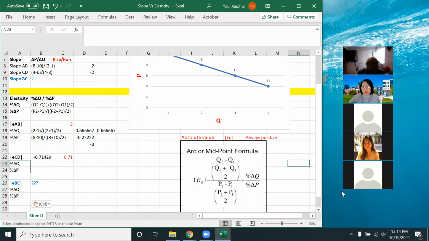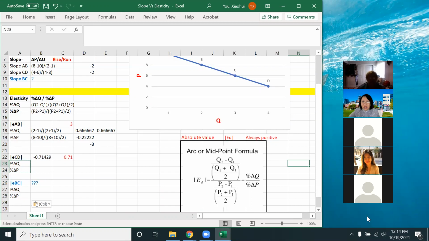How about we separate you guys into 2 groups. Brittany, Doris, and Jessica, 3 of you calculate the percentage change on Q, and then Carly, Thalia, and Tracy, you guys calculate the percentage change on P. So after you get the values, it's easy to get the elasticity, right?